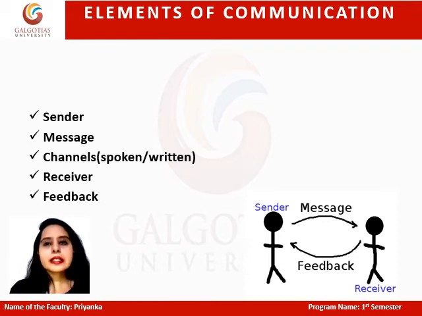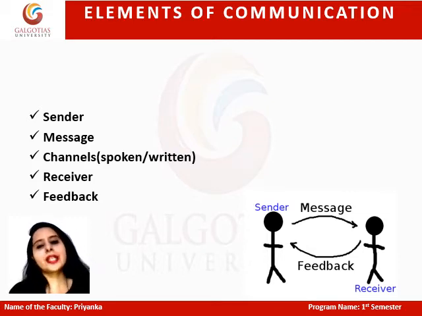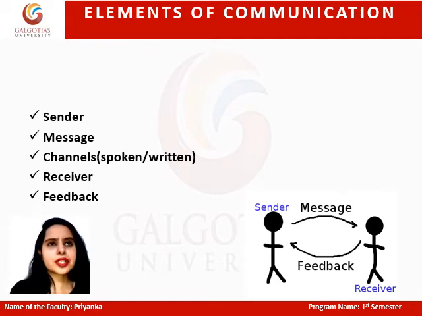Feedback, whether taken positively or negatively, is for improvement, like what the sender needs to improve according to the target audience it is catering to, because every audience is different and everyone has come from a variety or diversity of cultures, backgrounds and upbringing.